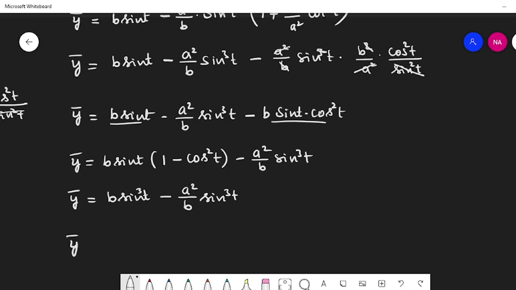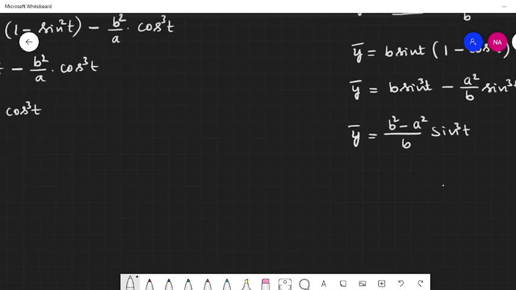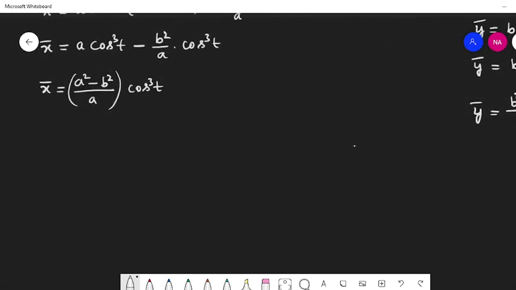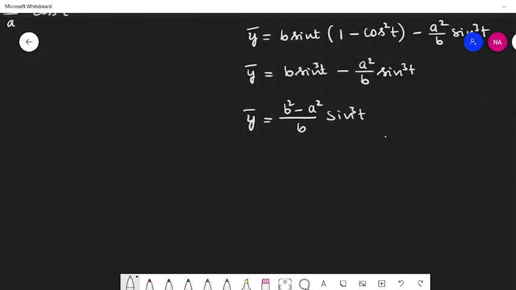So we can write this as b square minus a square by b sin cube t. But to have terms common, see here I have a square minus b square by a, so I'll write this as y bar equal to minus a square minus b square by b sin cube t.